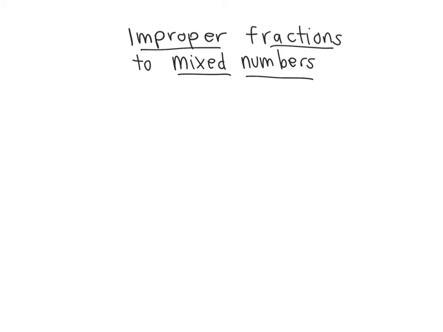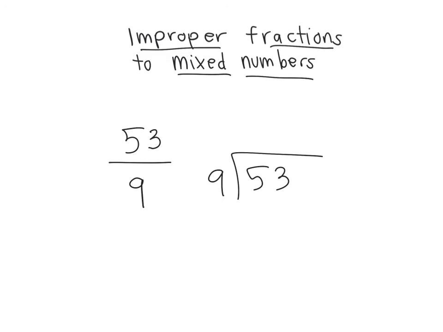Let's go with 53 over 9. So 53 over 9 is our improper fraction, so that means I'm doing 53 divided by 9. 9 goes into 53 5 times, so that's 45.